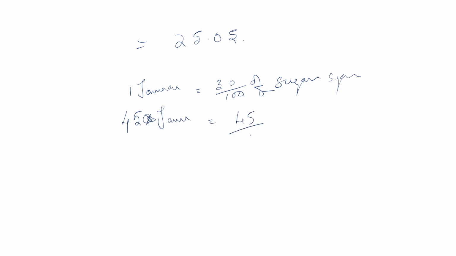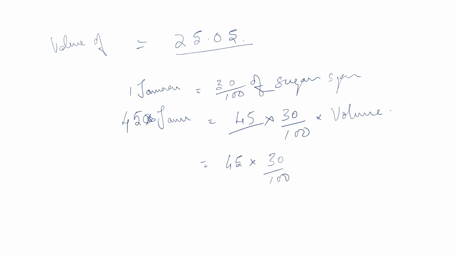For 45 jamuns, how much will it take? 45 into 30 by 100 of what? Of the total volume. The volume of one jamun we have found as 25.05. So 45 into 30 by 100 into 25.05. This will give you the answer. Can you understand why we are doing all this?